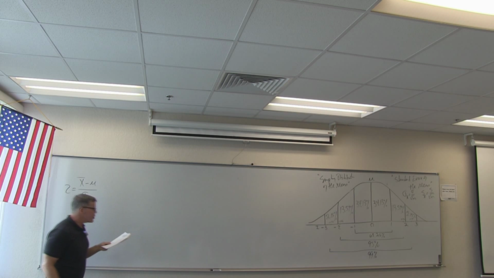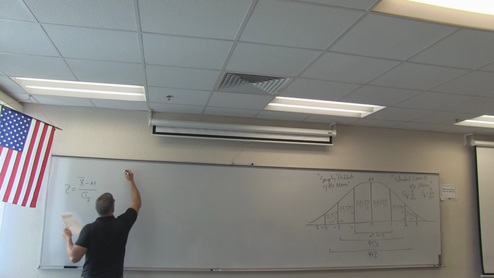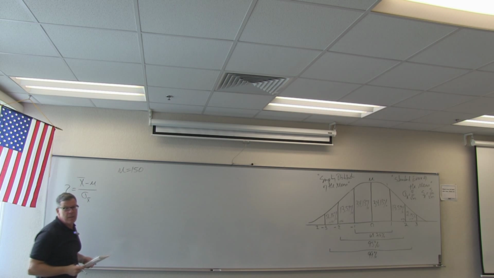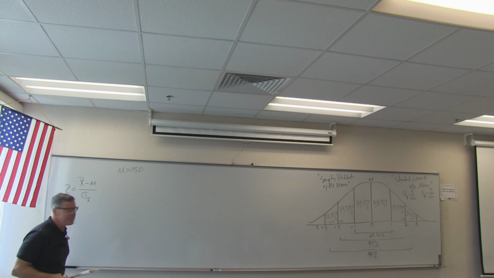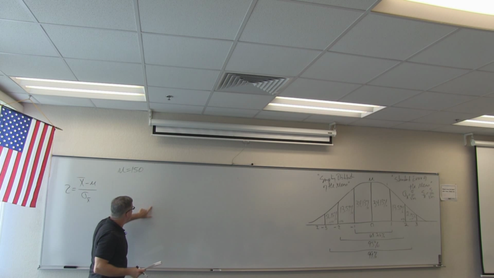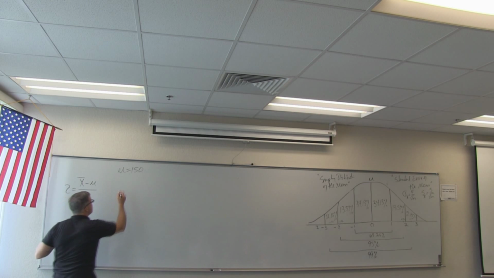The national average reading level for high school sophomores is 150 words per minute. We have this national average. That's a lot of data. The national average reading level for high school sophomores, they have that information. It's 150 words per minute with a standard deviation of 15.